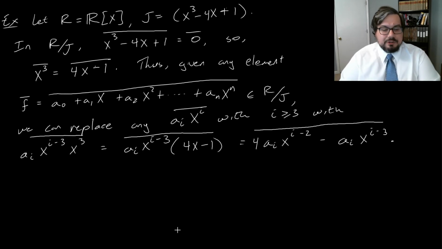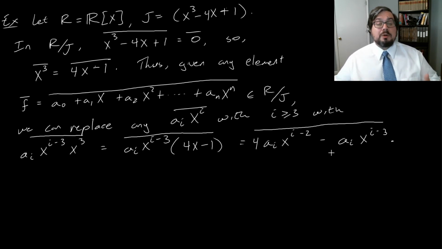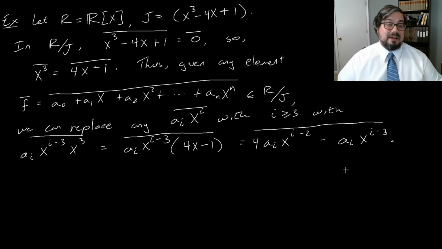In particular, notice that we changed an element with degree at least 3 into a sum of terms of lower degree. So we started with an element of degree i, we wound up with a sum of terms of degree i minus 2 and i minus 3.